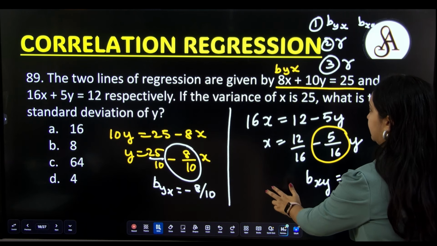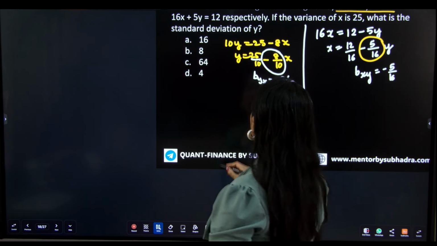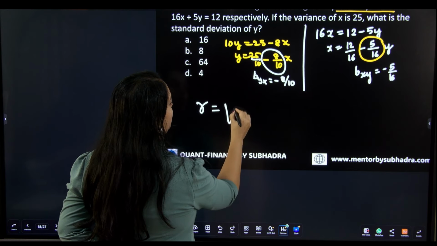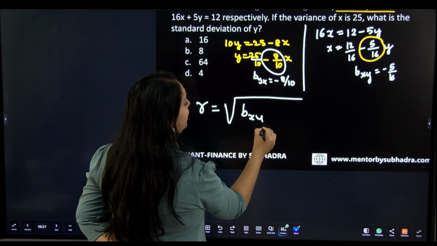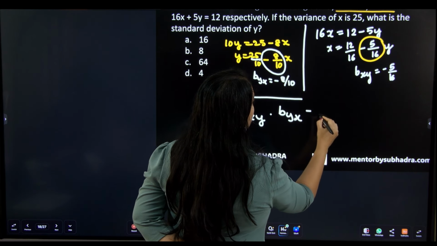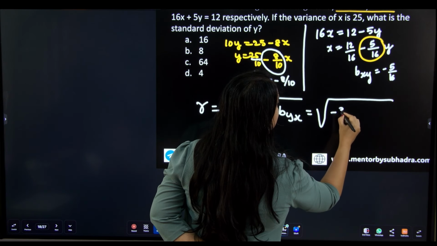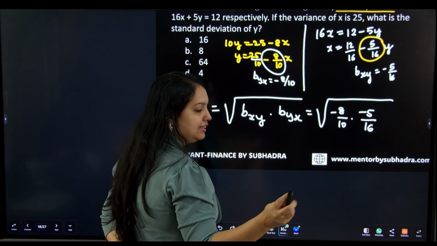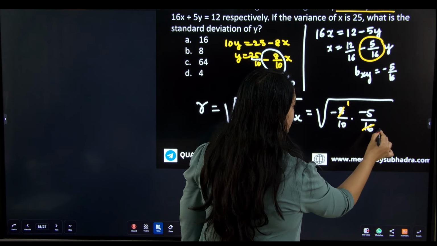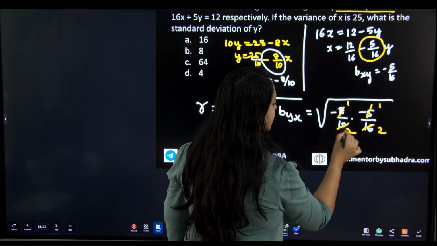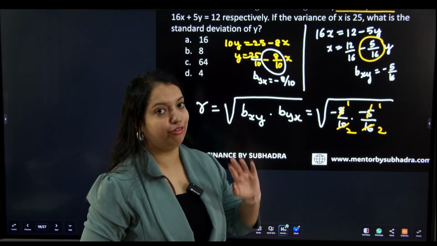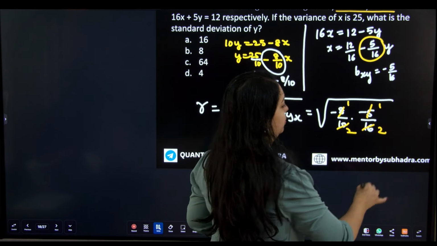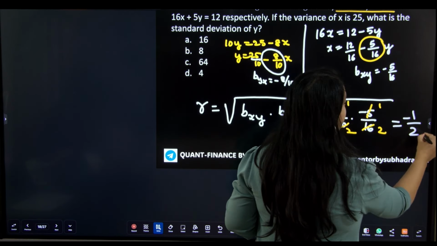Third step. I will calculate r as the square root of bxy into byx. Square root of minus 8 by 10 into minus 5 by 16. Cancel them. 8 ones are 8, 8 twos are 16, 5 ones are 5, 5 twos are 10. I'm getting square root of minus 1 by 2 into minus 1 by 2, which will become minus 1 by 2.